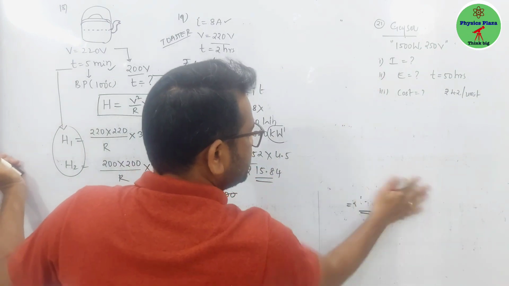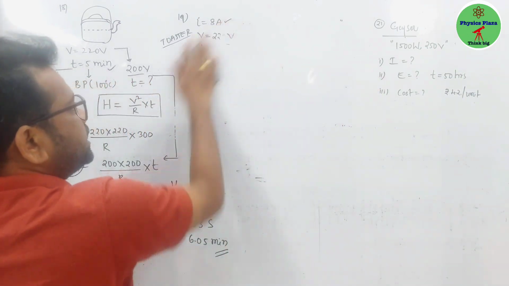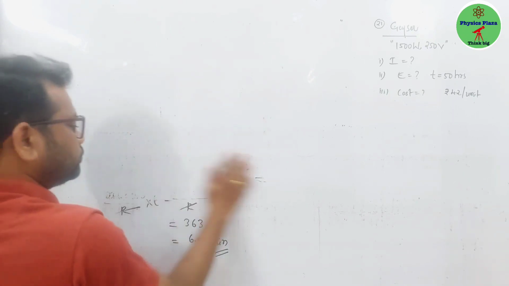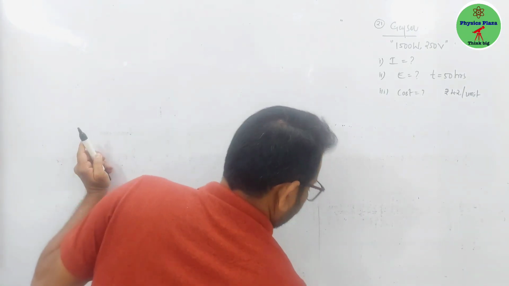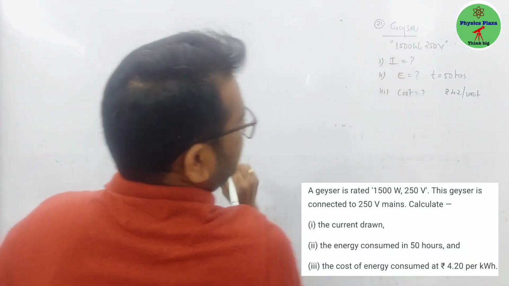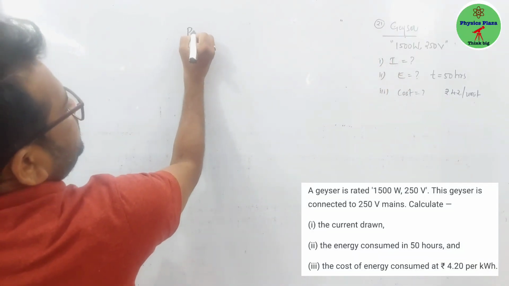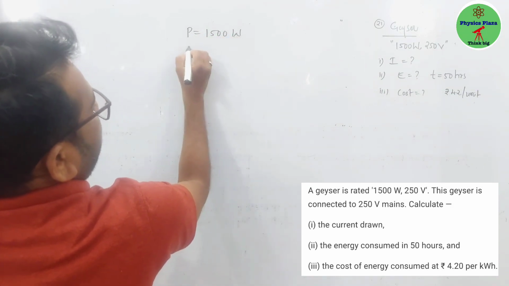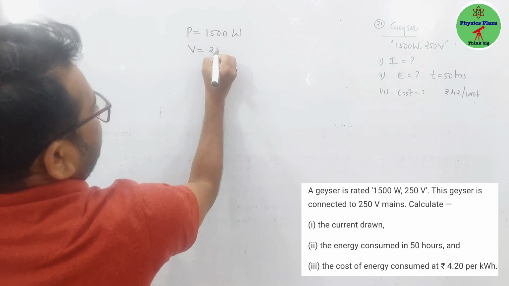And here the last question is related to the geyser. A geyser with a power rating is given, children. So first they are asking for the current. Here power is given as 1500 watt, and V is given as 250 volt.